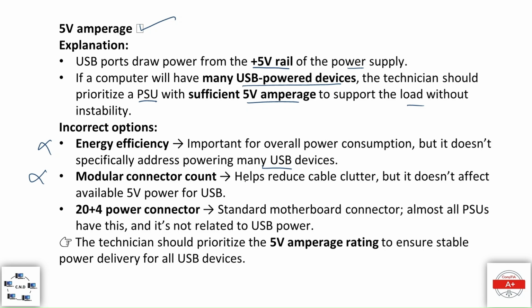Modular connector count helps reduce cable clutter, but it does not affect available 5-volt power for the USB. And the 20 plus 4 power connector is the standard motherboard connector. Almost all power supply units have this, and it's not related to USB power. So the technician should prioritize the 5-volt amperage rating to ensure stable power delivery for all USB devices.